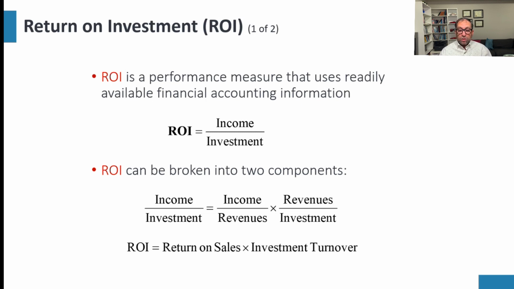But when we change their places, like we bring the revenue under income, that's income over revenue, which is return on sales, and revenue over investment, which is investment turnover. So we can also calculate the ROI as return on sales multiplied by investment turnover.